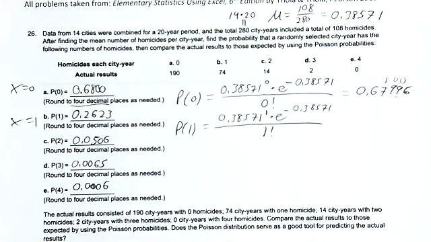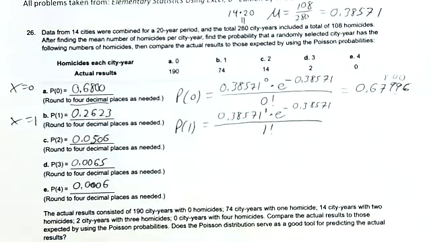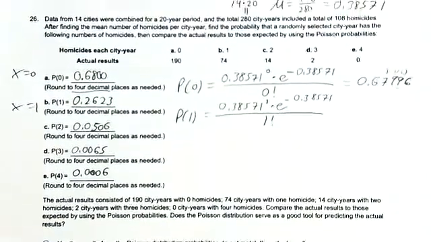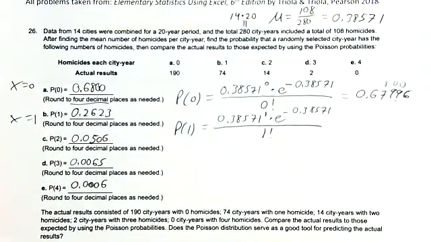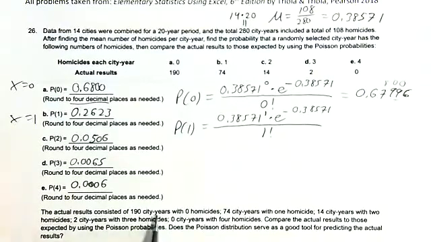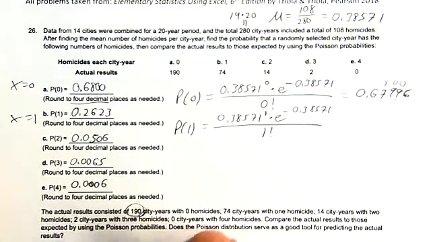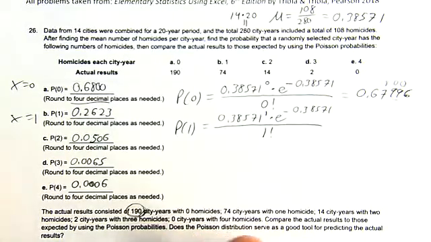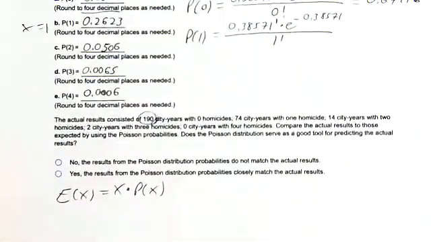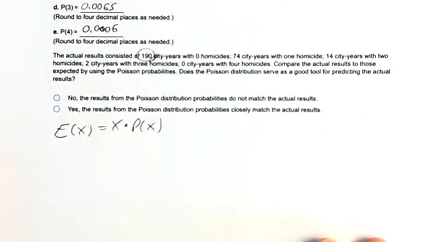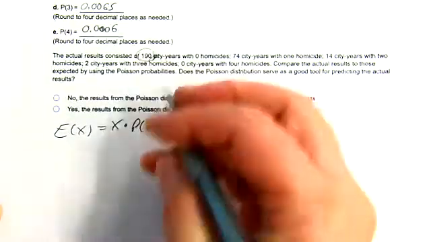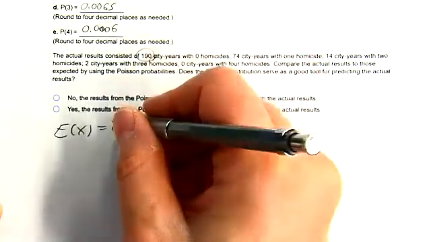Okay, now for the second part, they want us to find the expected value for homicides. So this goes back to our hurricane problem. So they say in 190 city years, what would you expect for homicides? So we're going to have our expected formula. And for this, I would recommend making a little table. So you're going to take this x, this 190 is now your x.